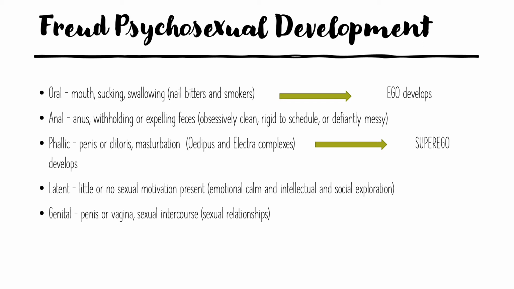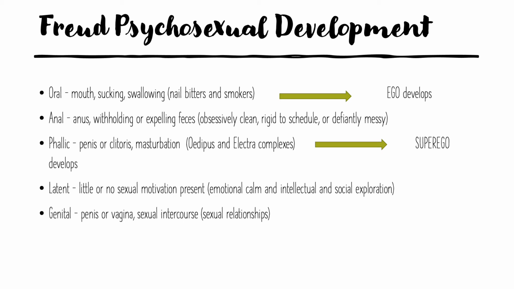If you look at these stages of Freud, oral is obviously the infant, focused on the mouth, sucking, swallowing, and basically taking care of eating and surviving. This is when the ego develops. He believed that, for example, people that got stuck in this phase might become nail biters or smokers.